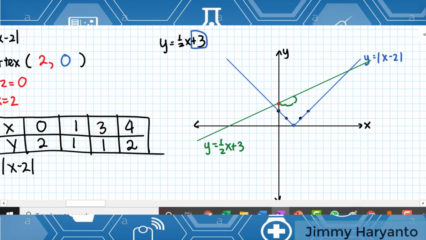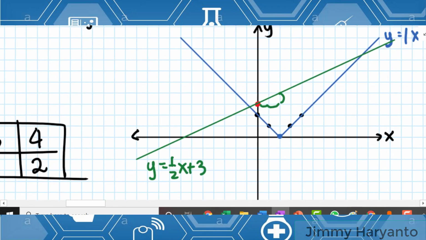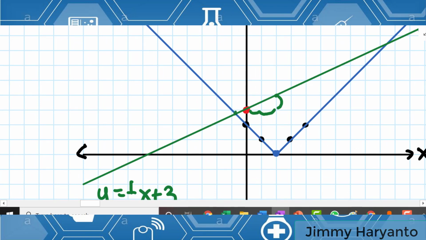And then you can find the intersection between them. The intersection will be this one and this one, and then the coordinates. The coordinates are 1, 2, 3, 4, 5, 6, 7, 8, 9, around 9 and a half.